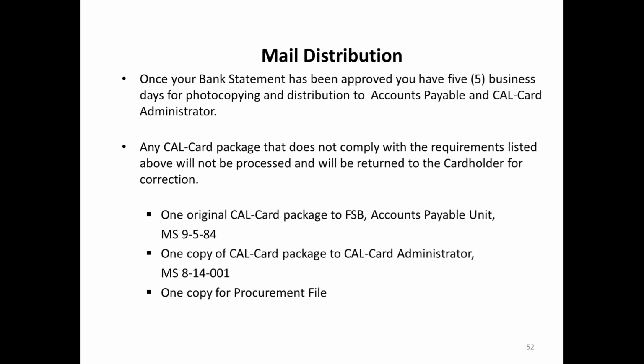One original CalCard package with the original blue signatures to Financial Services Bureau Accounts Payables Unit at Mail Station 9-5-84. One copy of the CalCard package to the CalCard administrator at Mail Station 8-14-001, and one copy for your procurement file.